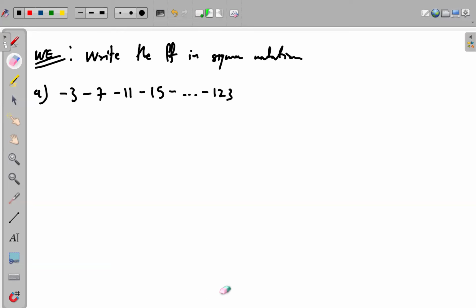So what we need to note, let's just recap. When you've got sigma notation, you need a general term, let's use K, and you need a starting value, and you need an ending value, let's say N. Remember, TK is an expression in terms of K, the small letter here.